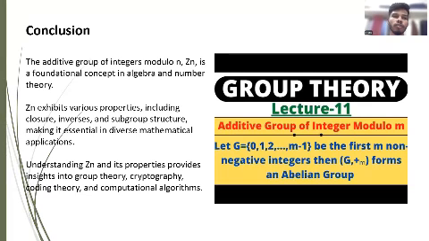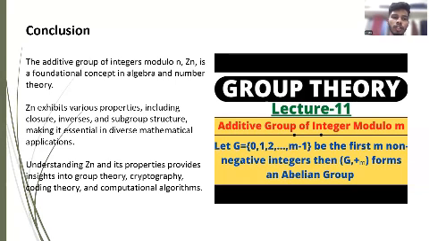So the final conclusion for the additive group of integers modulo n is that it is a foundational concept in algebra and number theory, and it is also used in coding theory. Zn exhibits various properties including closure, inverse, and subgroup structures, making it essential in diverse mathematical applications.